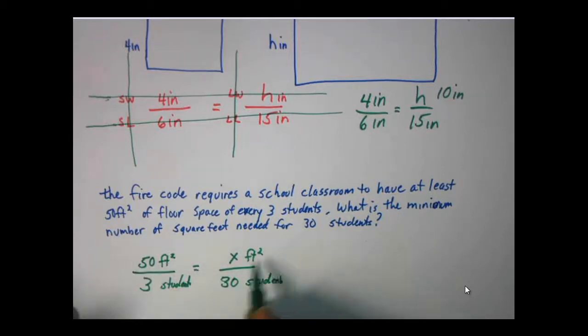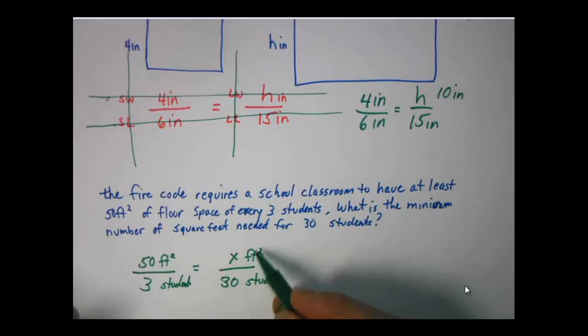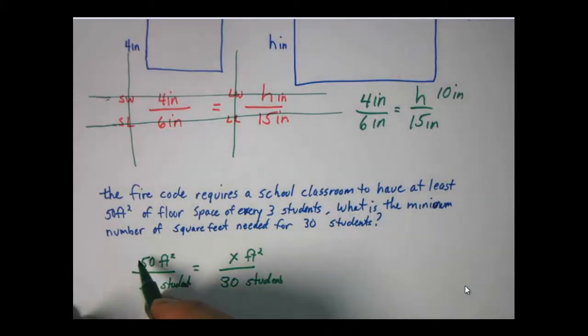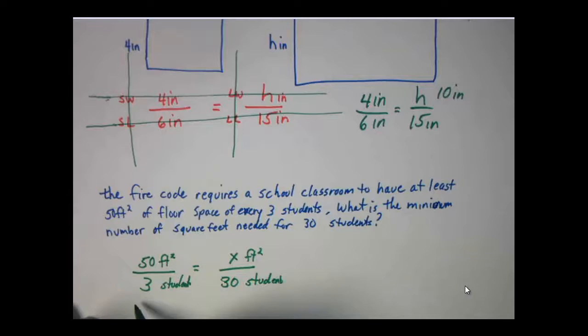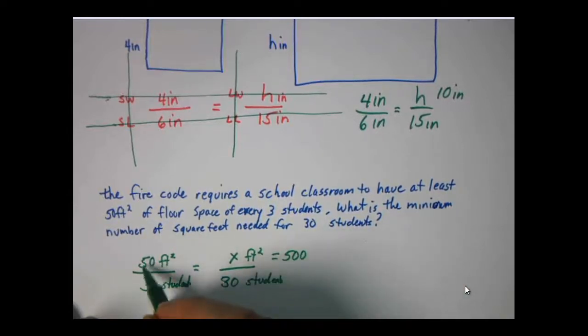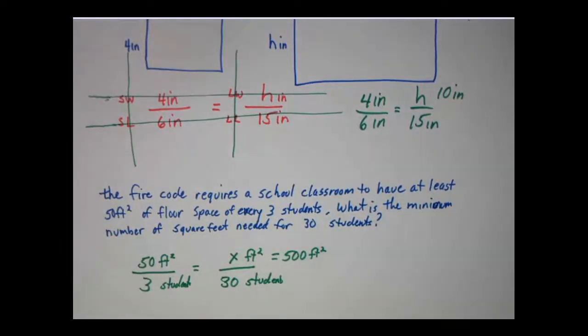So feet, feet on the top, students, students on the bottom. Given, given, that's the information they gave me. I'm hunting for this, so that's all lined up. So I've got my tic-tac-toe grid. So now I'm going to cross multiply and divide, and I would get 500. That's right. 1,500 divided by 3 is 500 square feet. All right, let's take a look at another.